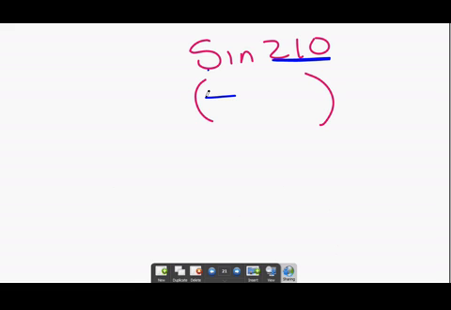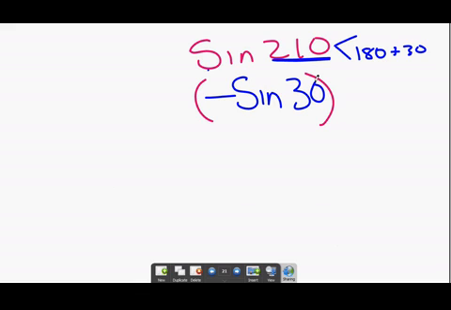Because I am using 180, the sine ratio will remain sine, because I chose to remain with the ratio sine. So I'm going to use 180, and from 180 to 210 I'm going to add 30. So this is going to be sine 30, and that's how I do my reduction. I press my calculator to get the sine. So you press sine 210 into your calculator, you get that negative sign.